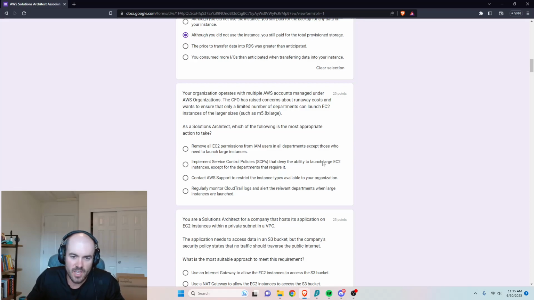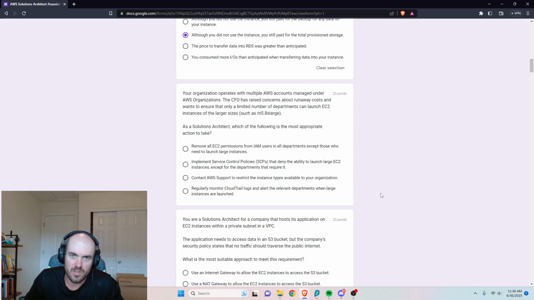So that seems okay. Contact AWS support to restrict the instance types available to your organization. That's not in the scope of AWS support. And then regularly monitor CloudTrail logs and alert the relevant department when large instances are launched.